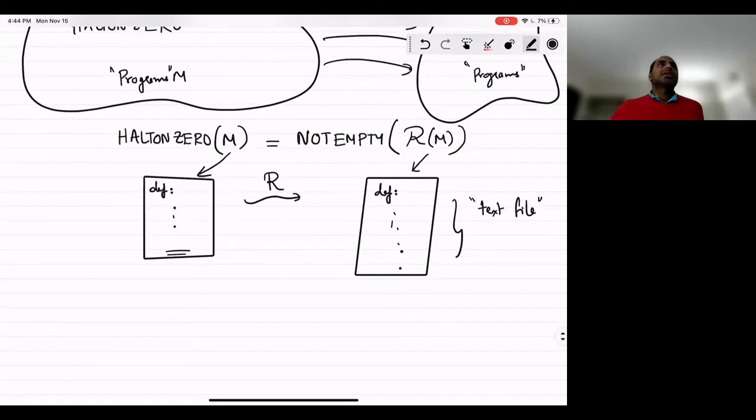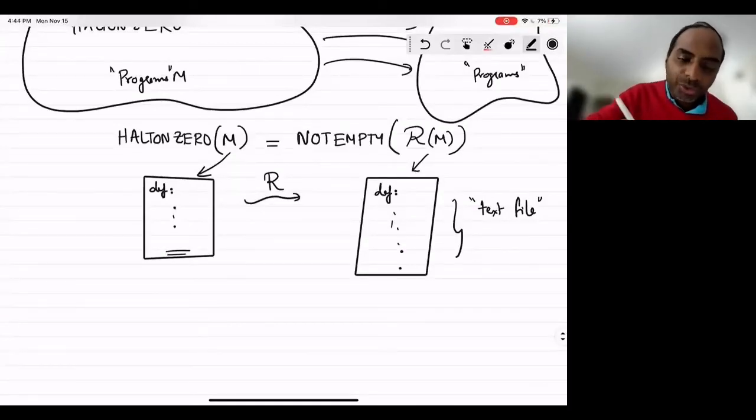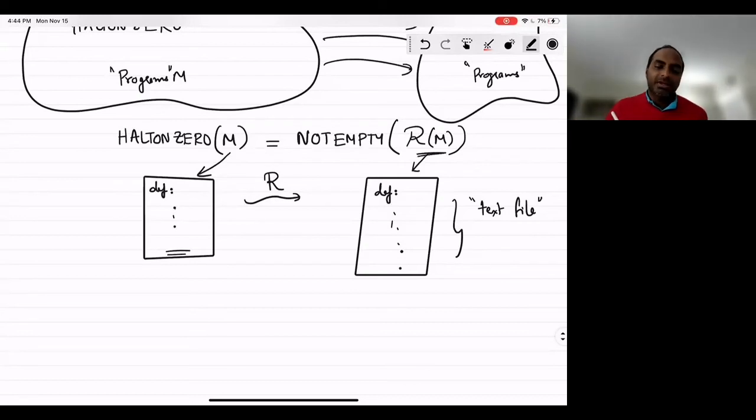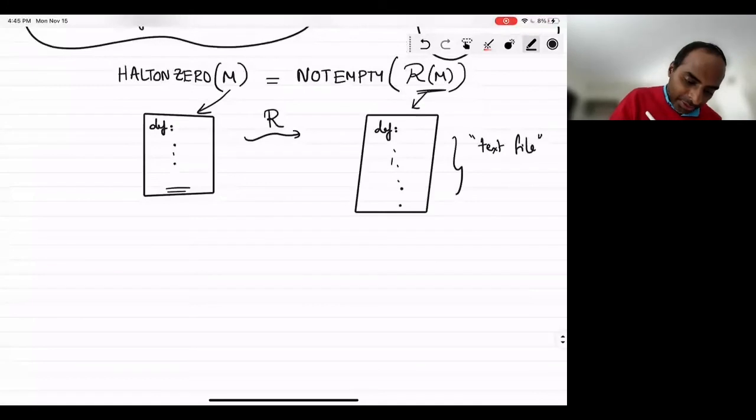So you're manipulating programs and passing them as input to not empty, which is a function. And what should this reduction be? Well, let's think about it, right? We need a way to encode whether or not the program M halts on 0 into another program whose behavior, whether the new program has an input which makes it output 1.